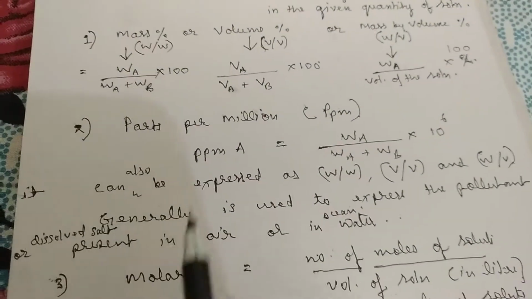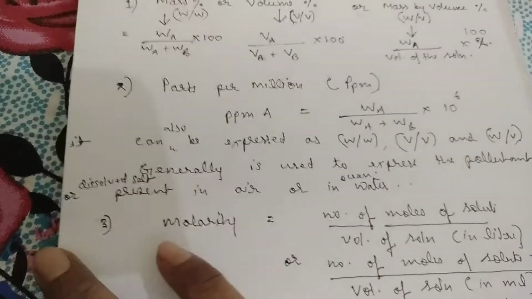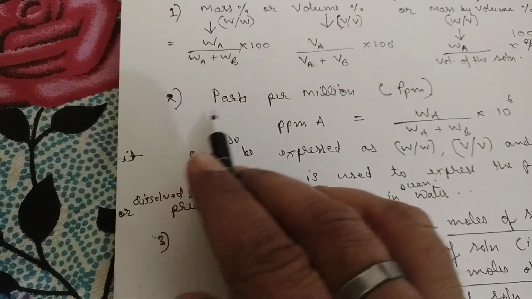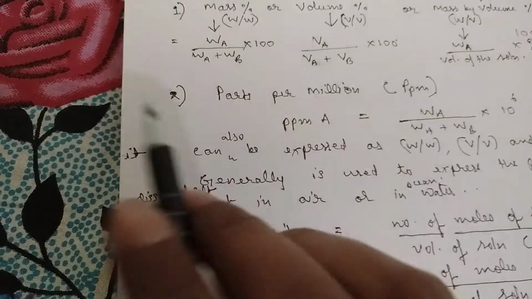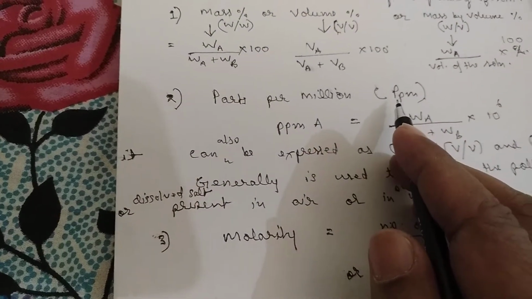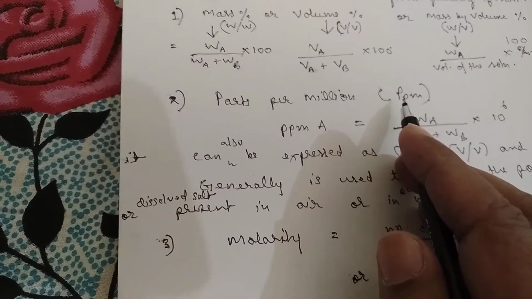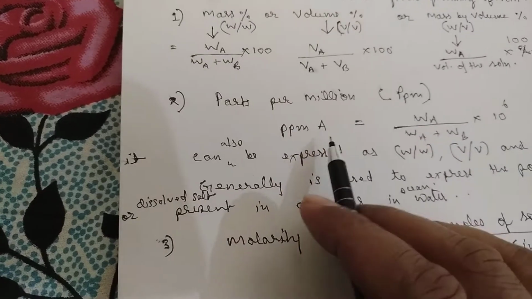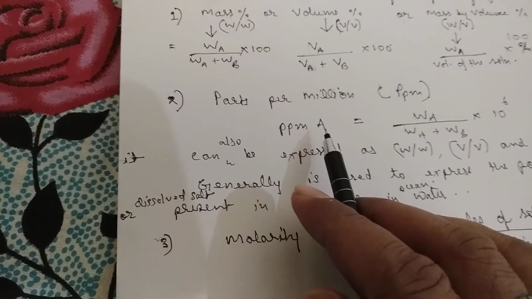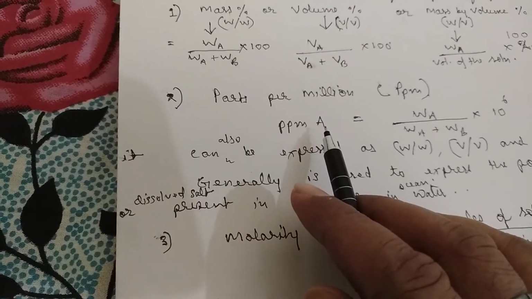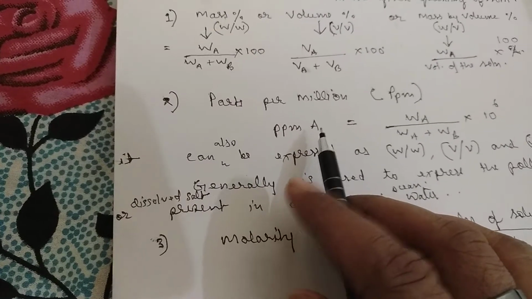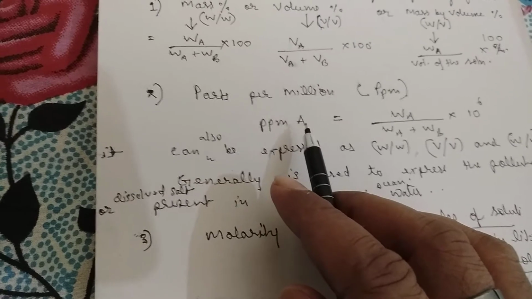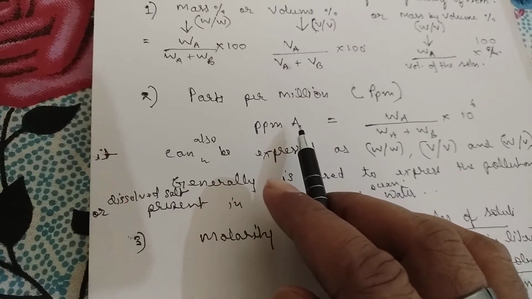Now, the next method of expressing the concentration is parts per million, which is abbreviated as ppm. Let us consider a solute A present in a very large volume of solution.